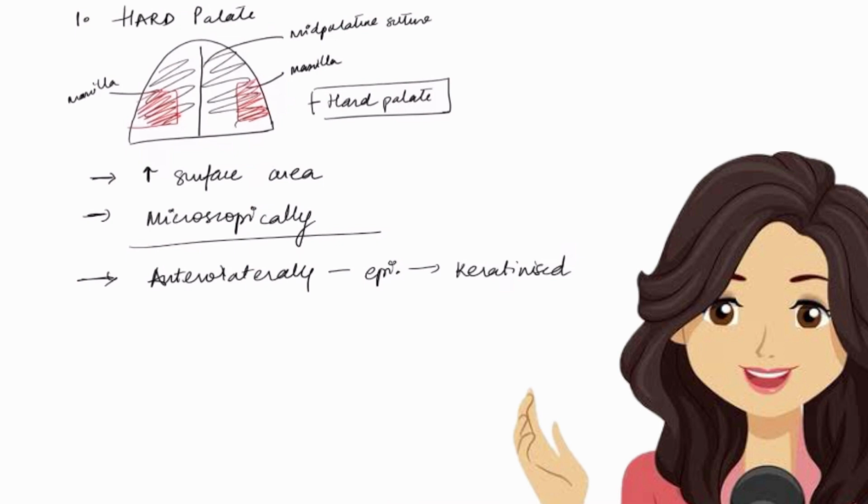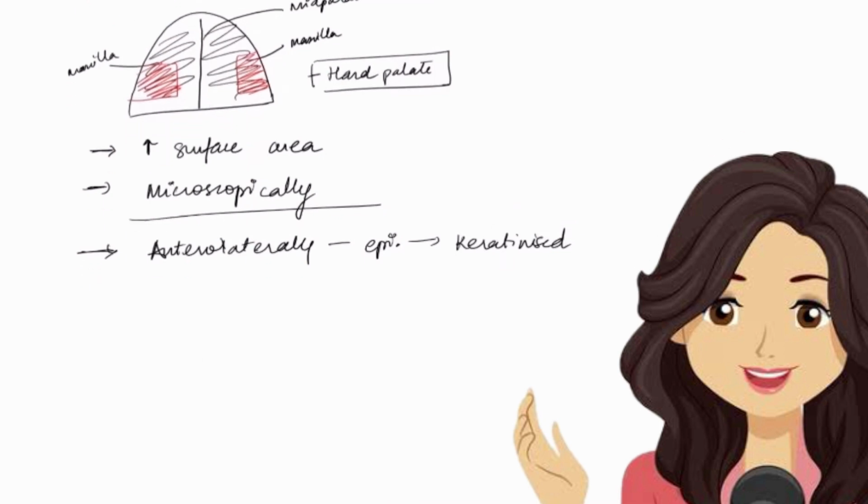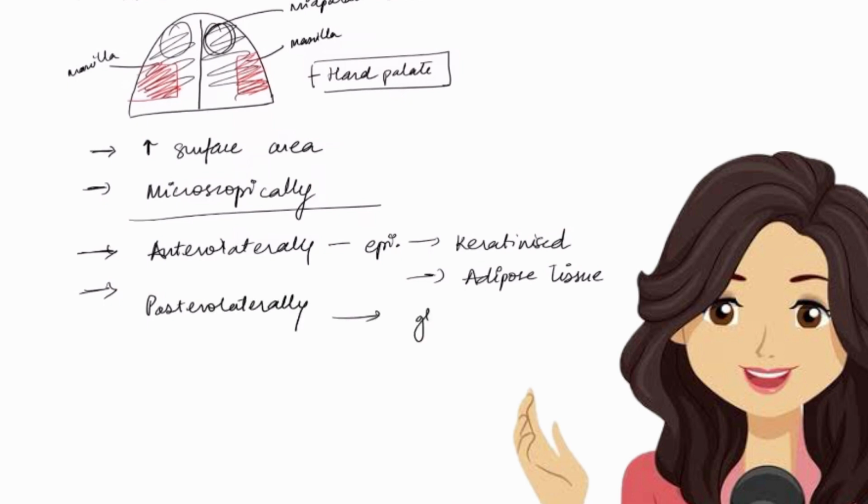If it is an unkeratinized or non-keratinized mucosa, there is a chance that it can get abraded very easily. So anterolaterally, the epithelium in the hard palate is a keratinized epithelium. Also, there is adipose tissue present here. That means fat tissue is present anterolaterally in this region of the hard palate. Posterolaterally, you see a lot of glandular tissue present.